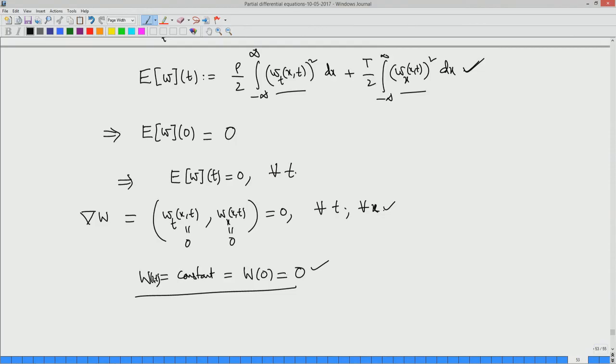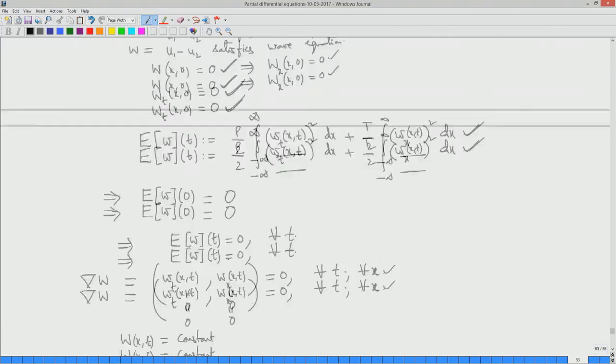Let me write this: w at (x, t) is constant, but we know that w at (x, 0) is 0. Why?